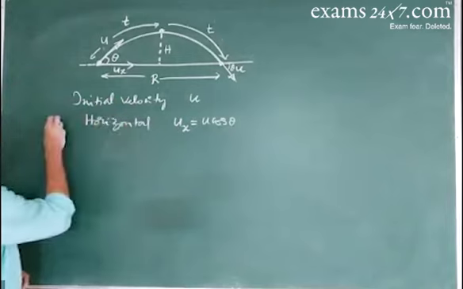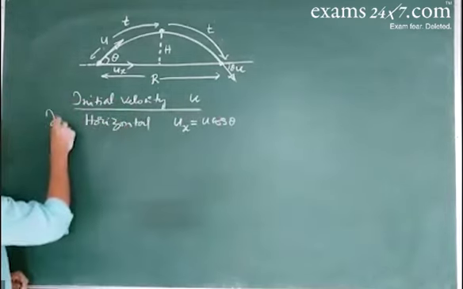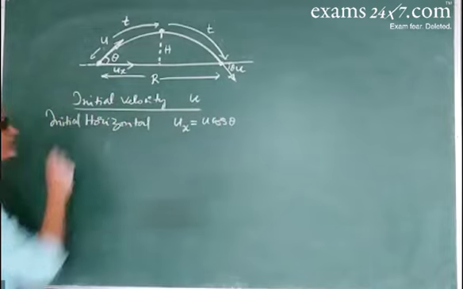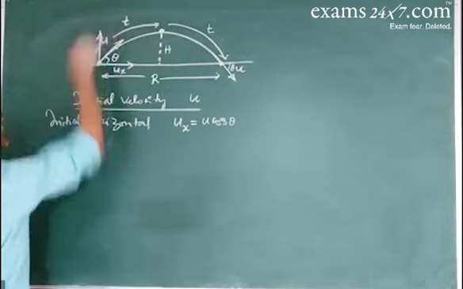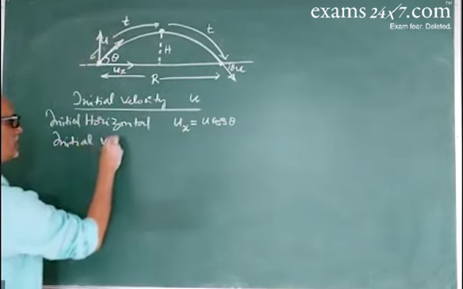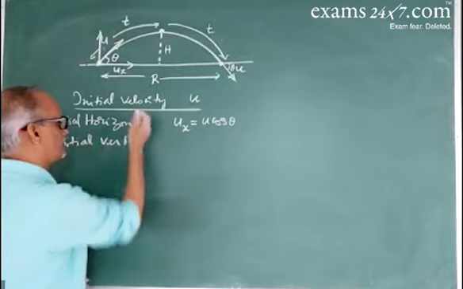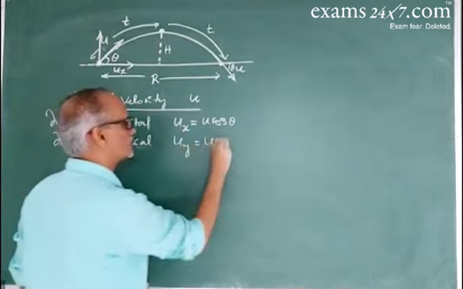This is the initial horizontal velocity. What is the initial vertical velocity? The initial vertical velocity is uy, and that uy is nothing but u sine theta.